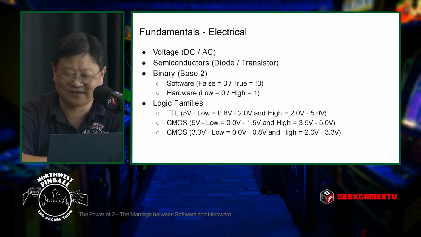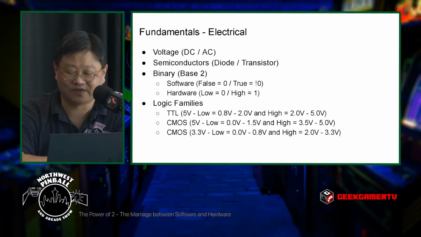I think I may have transcribed that incorrectly, and I'll have to double check that later because that should not overlap. There is an area in the middle that is the gray area. CMOS, for 5 volts, the low definition is 0 to 1.5, and high is 3.5 to 5. And CMOS for 3.3 volts has its own definition. Again, pinball machines use TTL, and it's 5 volts.